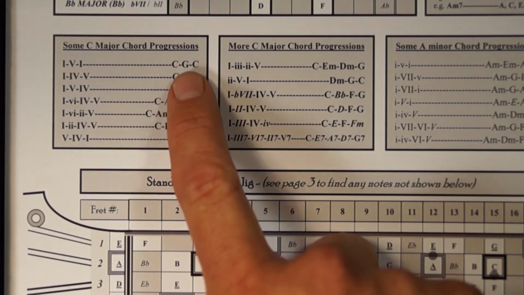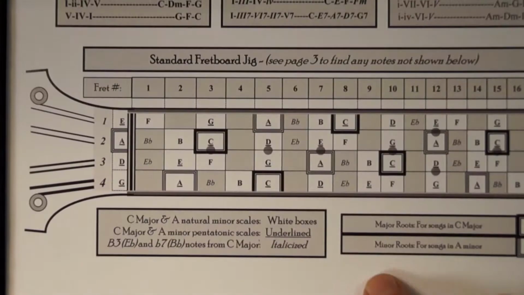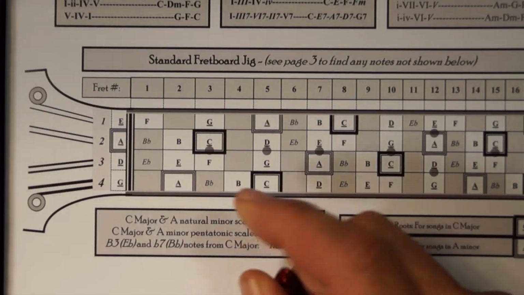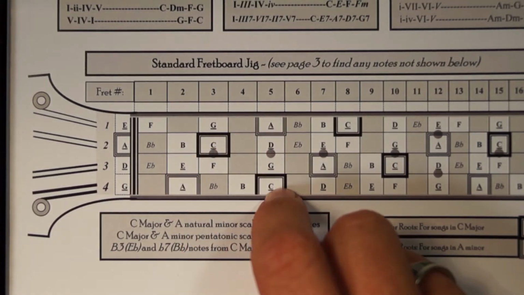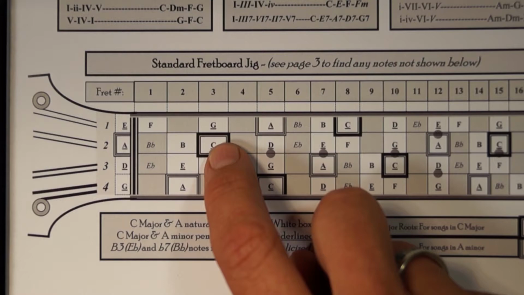So to go from a C major to a G major to a C major chord, if you know some different chord shapes, I can play C, E, C here on the 5, 2, and 3 frets.